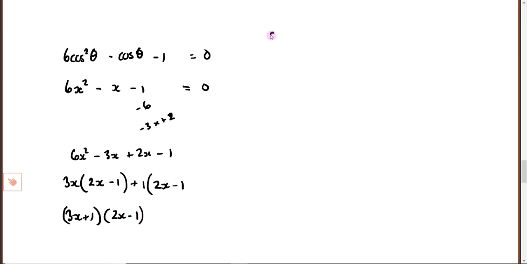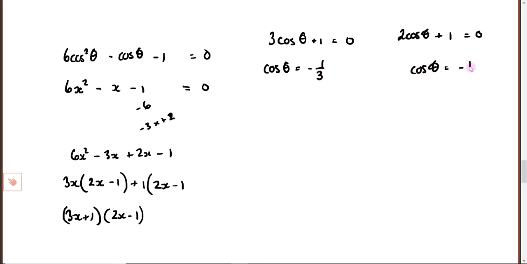So we've then got 3 cos theta plus 1, and we've got 2 cos theta minus 1. Yes. Okay, so you've then got cos theta is negative a third, and you've got cos theta is a half. Wait, no, isn't it a half? So yeah, that should be positive a half.